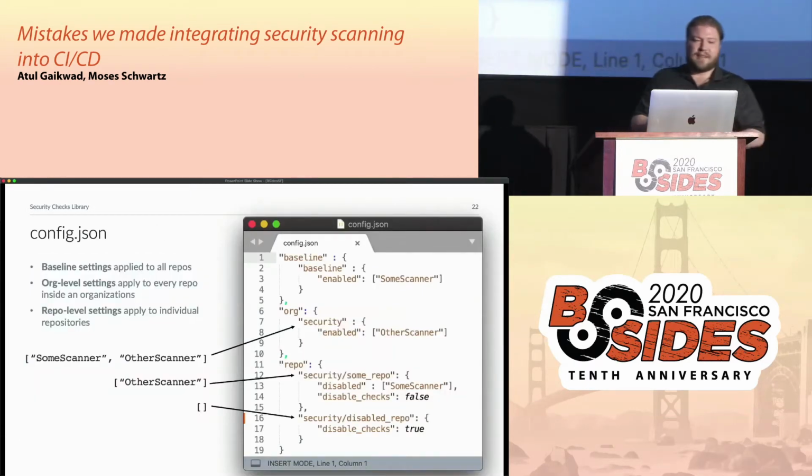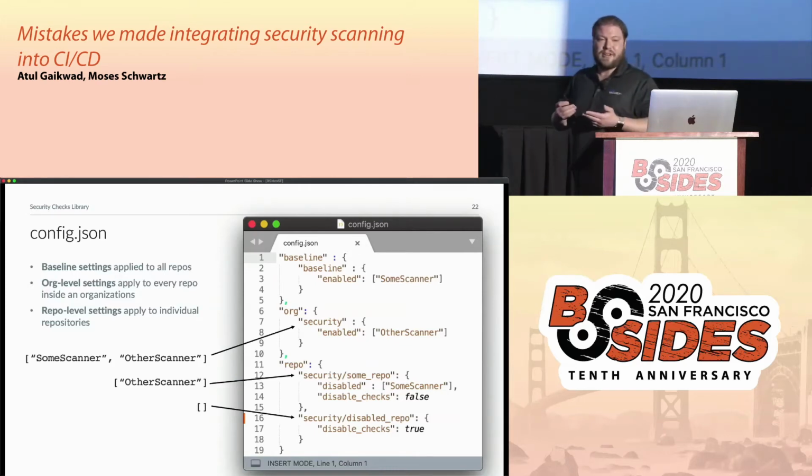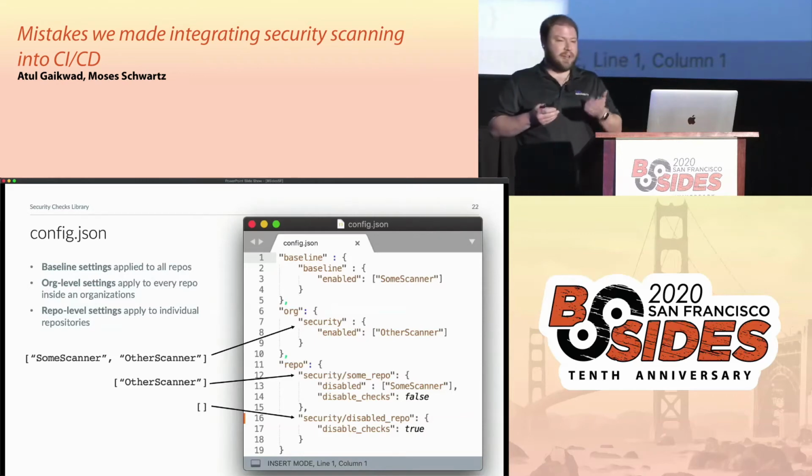Here's that config.json file. We knew we needed something that was going to be flexible and could be changed per repo or even per team or GitHub organization. So we set it up with this hierarchy where we define scanners for the baseline. These get applied everywhere. And then we can layer on top of that rules for an organization. So for the security org here, we also enable other scanner.